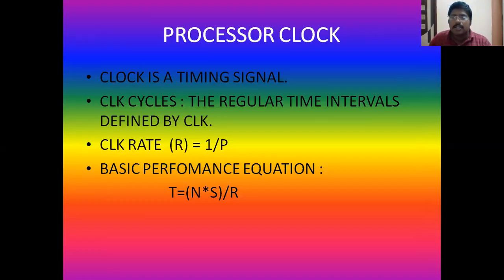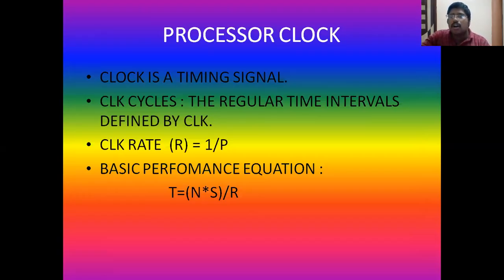Clock is a timing signal, so it gives the time, meaning the execution time, the time taken for executing an instruction. I am discussing clock frequency. The higher the clock frequency, the lower the time of execution. That means the processor performance is very good.